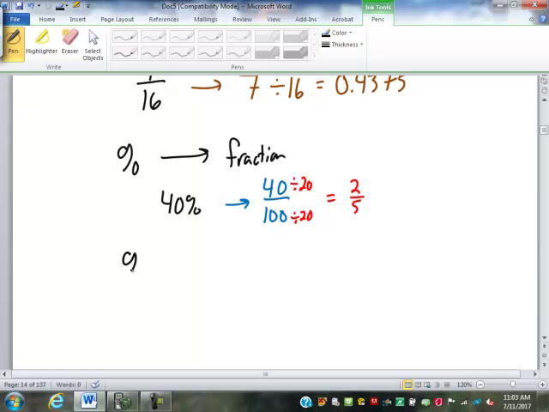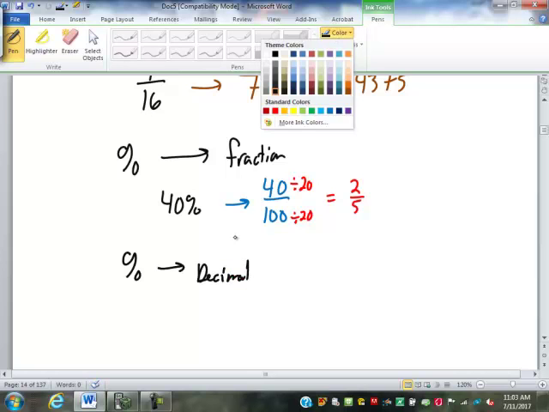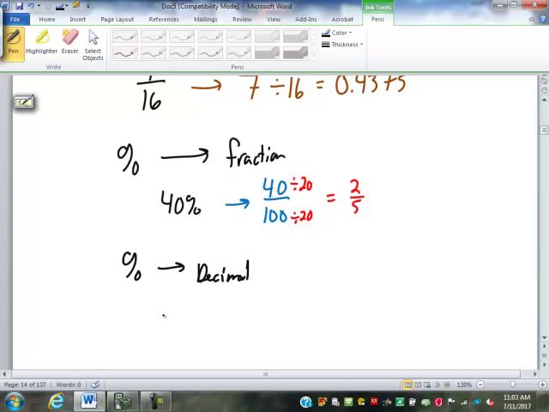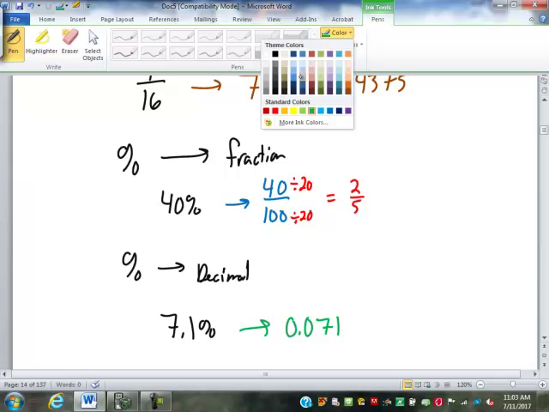You can also do a percent into a decimal. If I gave you 7.1% as a decimal, that will be 0.071. Perfect, 0.071. You move 2 spots.